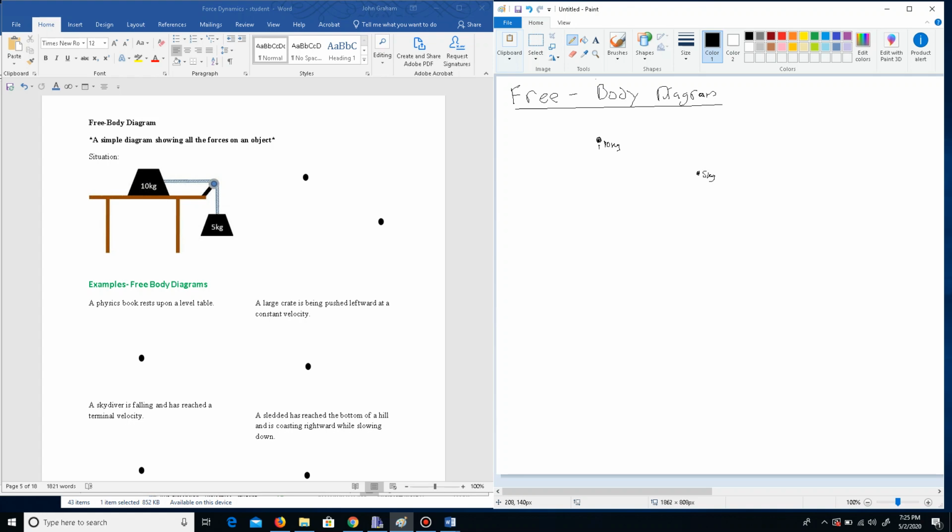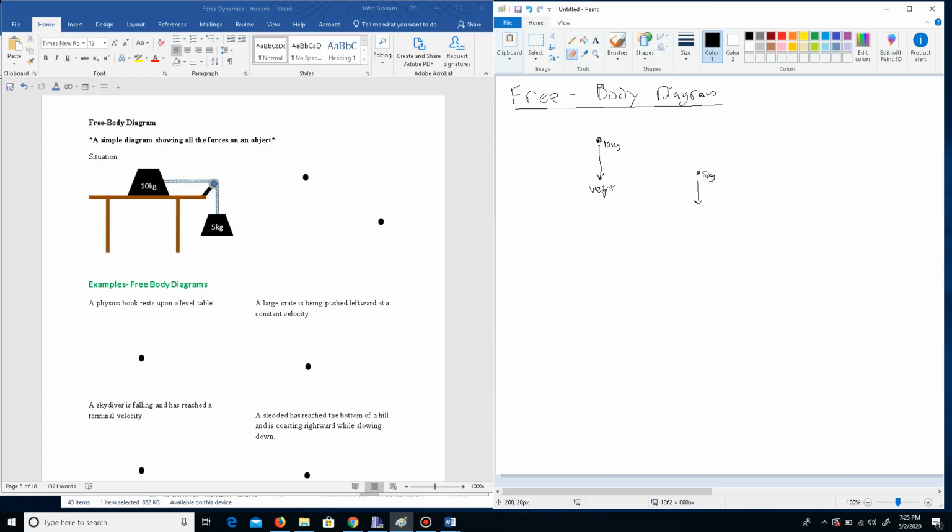Each one of these has a weight, and that's going to be one of the forces. So that's a weight and a weight. The idea is that these should be kind of equal, so if that's that length, maybe this should be half the length, since it's half the mass.